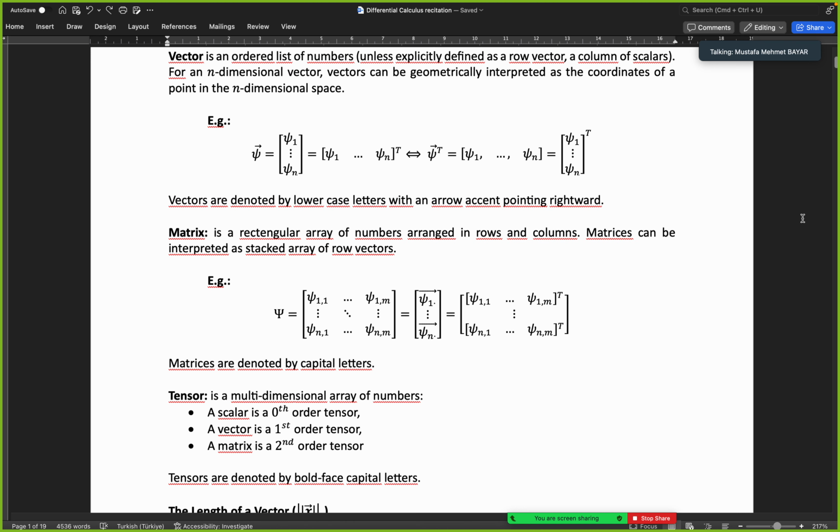And we have named matrices. Matrices are rectangular arrays of numbers, and they also can be interpreted as lists of transposed vectors like this one. This is just a transposed vector.